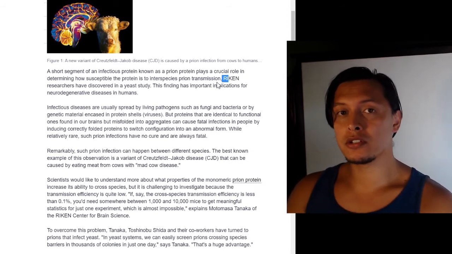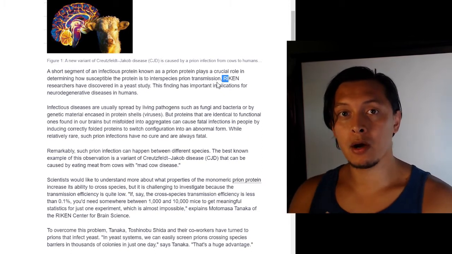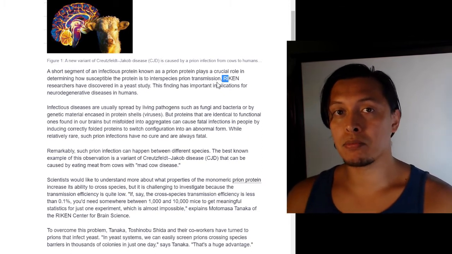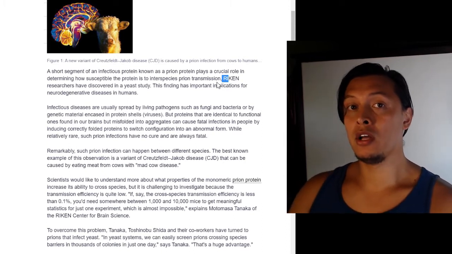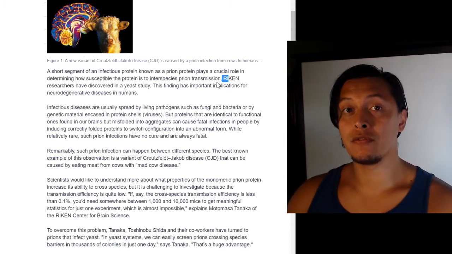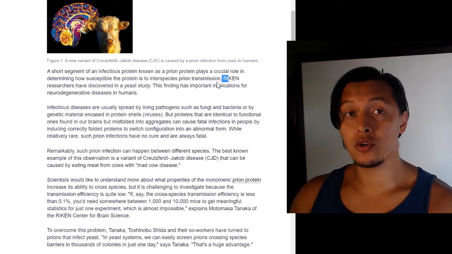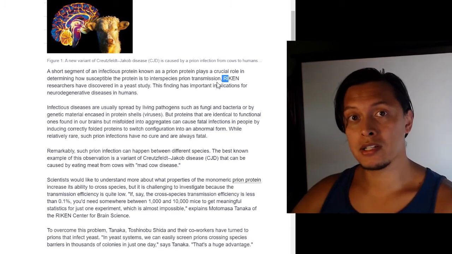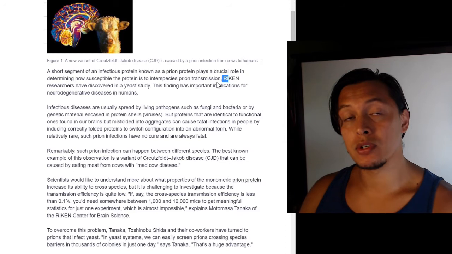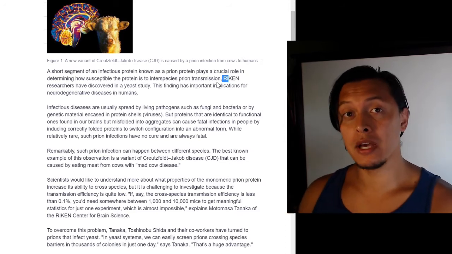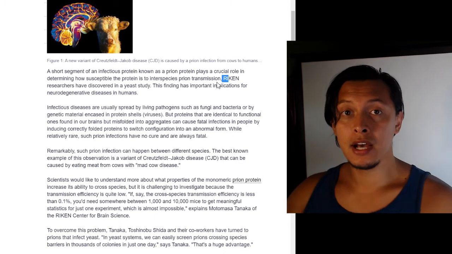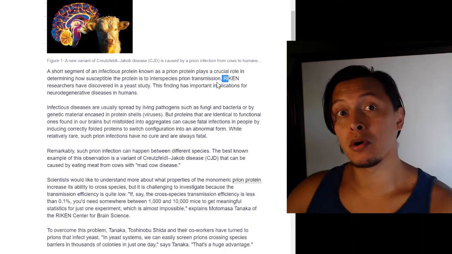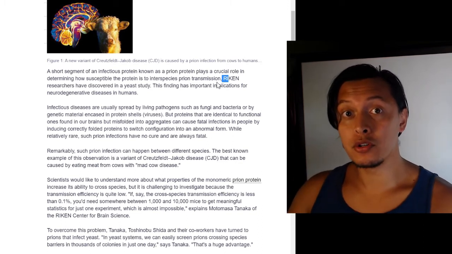So what would indicate this? Whatever that sequence is, it probably needs to be conserved in multiple species. If you have a highly variable sequence doing this, then one species versus another might not have that same sequence, and therefore they might be able to eat the prion from one species, but that prion won't be able to misfold the proteins of the new species consuming it.